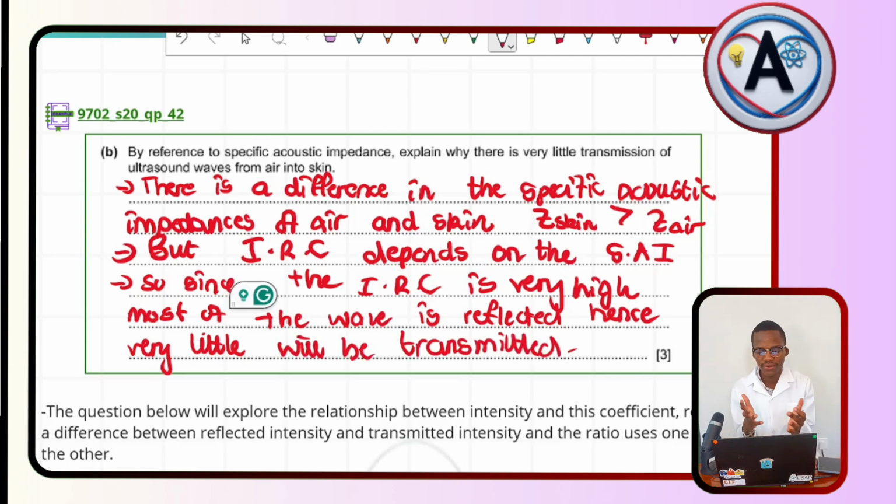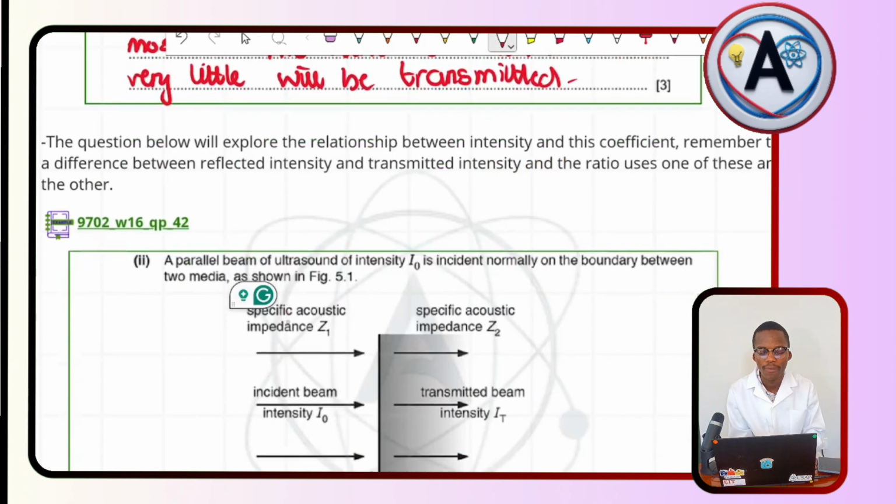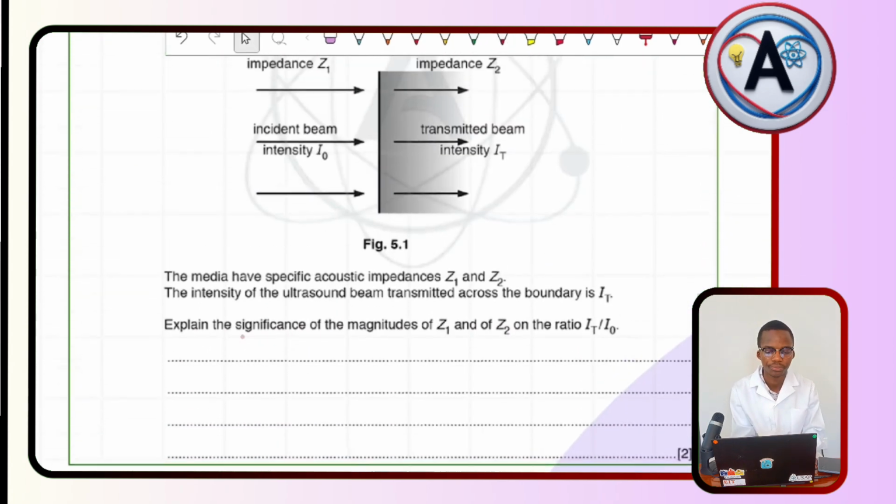Okay. That's essentially it. Because there's a difference in the values of Z, the IRC depends on the values of Z, so it's going to be very high. So most of the wave is reflected, therefore very little will be transmitted when moving between air and skin.